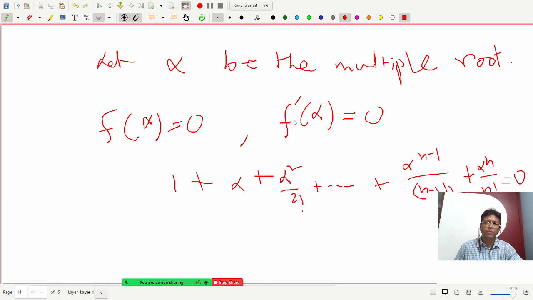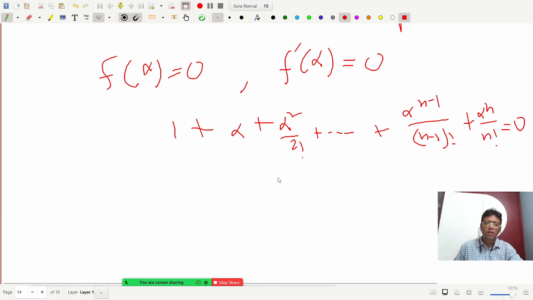Now if you differentiate this, the derivative of 1 will be 0, the derivative of alpha will be 1, and the derivative of alpha square will be 2 alpha. So it will come back as the same series, but only the last term would be alpha to the power n minus 1 by factorial n minus 1.